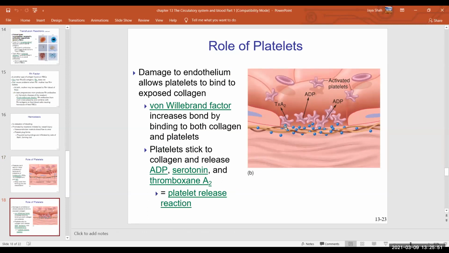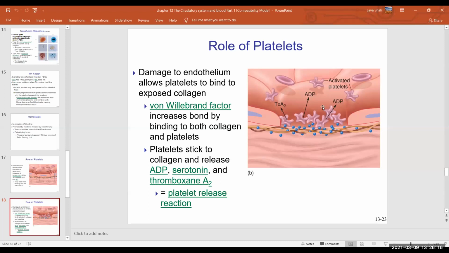Von Willebrand factor stays between the collagen and the platelets and helps them stick. Von Willebrand factor increases binding to both collagen and platelets. So this is like the glue between the collagen and the platelets.